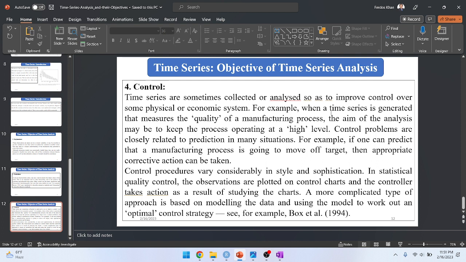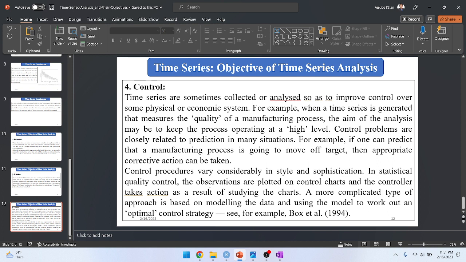For example, when a time series is generated that measures the quality of a manufacturing process, the aim of the analysis may be to keep the process operating at a high level. Control problems are closely related to prediction in many situations. For example, if one can predict that the manufacturing process is going to move off target, then the appropriate corrective action can be taken.